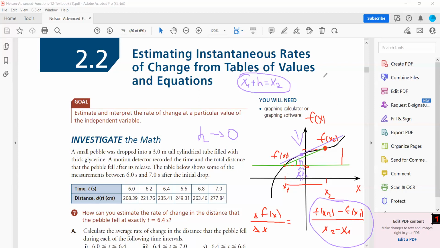So how do I define my function values now? If I had f of x2 and f of x1, I have to define those as well, considering the new input. f of x2 would equal f of x1 plus h, and that's it. We would substitute x1 plus h for x2.